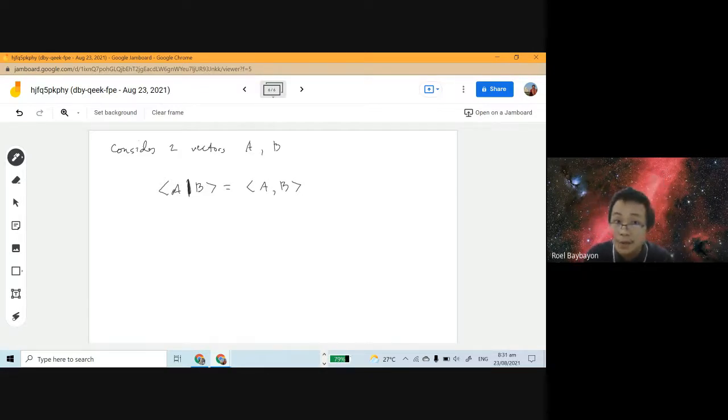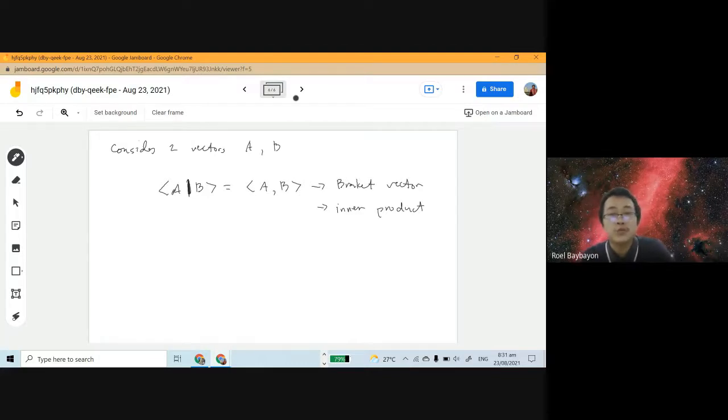Usahay na libro nga mogamit og comma lang, okay? So this bra A ket B or A comma B, this is the bracket vector, right? It is also commonly called the inner product.